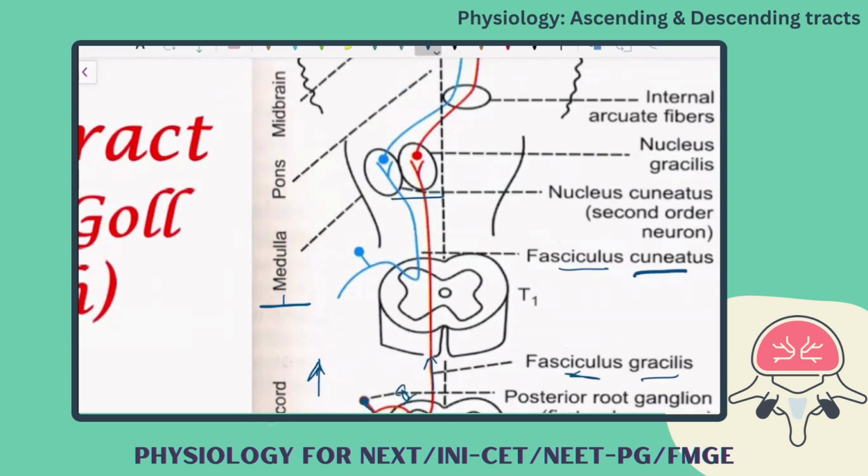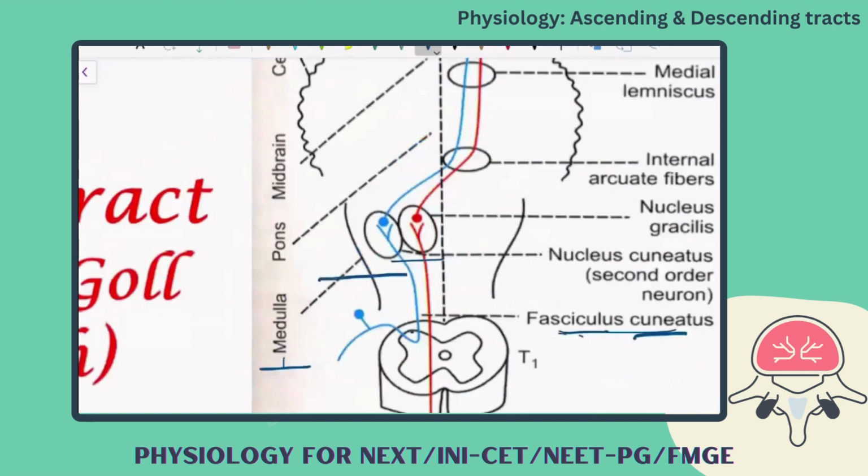Here the representation is given for cuneatus in one picture and gracilis in one picture. Okay, the red and blue, it is for cuneatus and gracilis correspondingly. Okay, and then crossing the medulla and terminating in the nucleus. In the sense the second order neuron is ending over here.